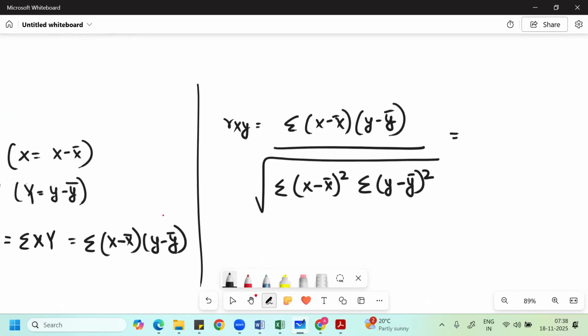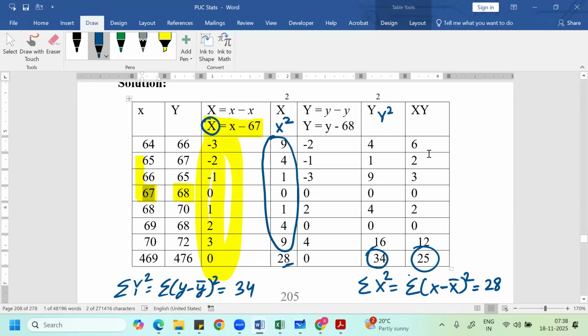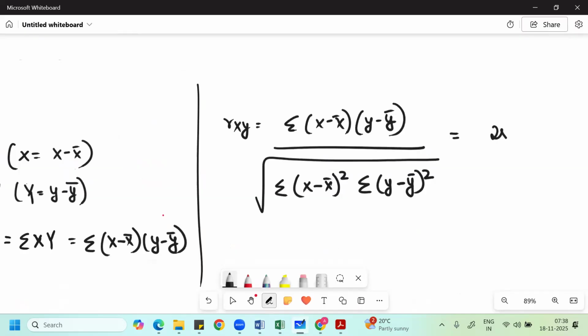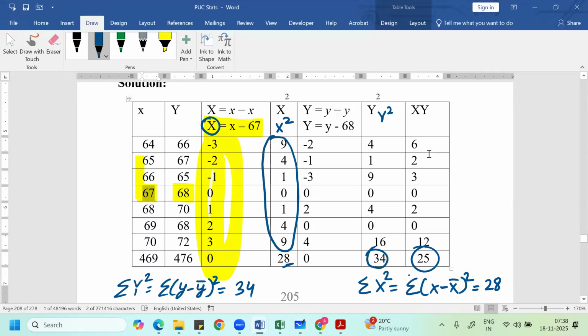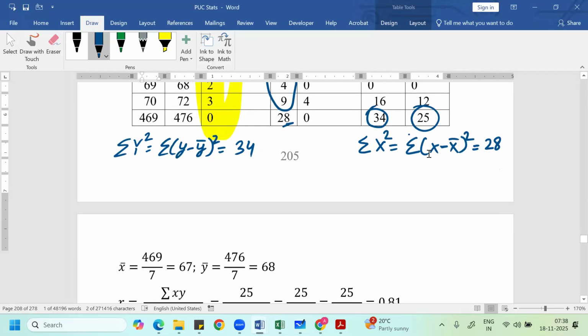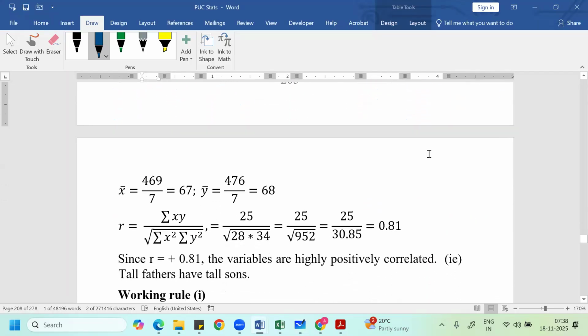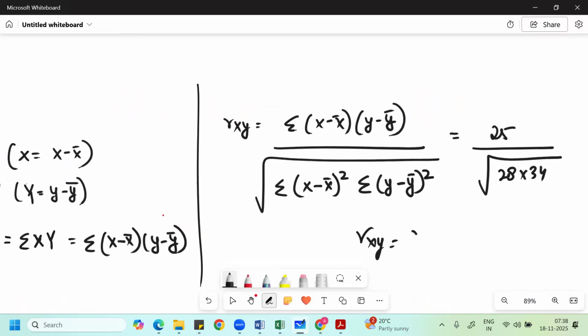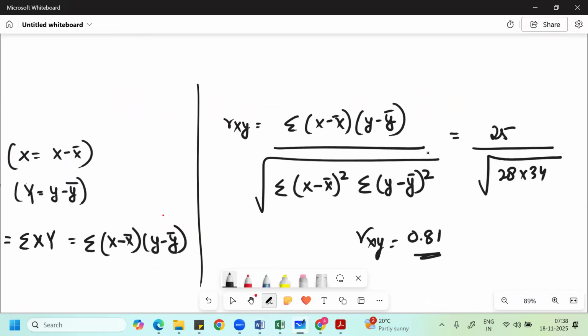So this sum you got as 25, and this 25 you divided by the square root of 28 and 34, and this has given you the value of r. If you calculate, you will get the r value as 0.81.